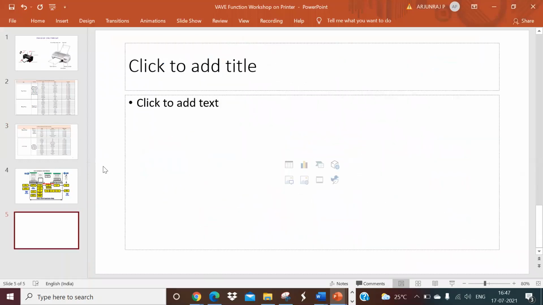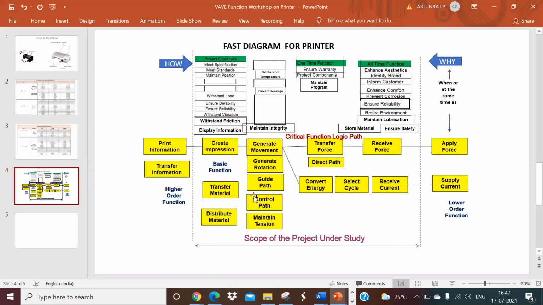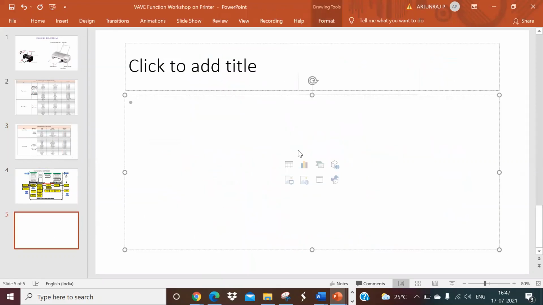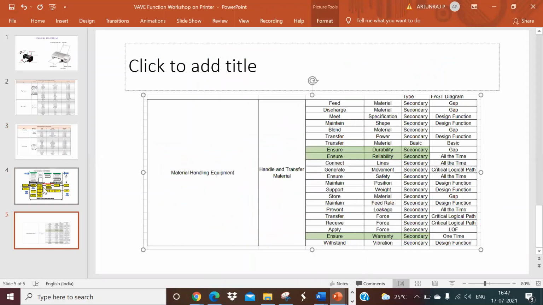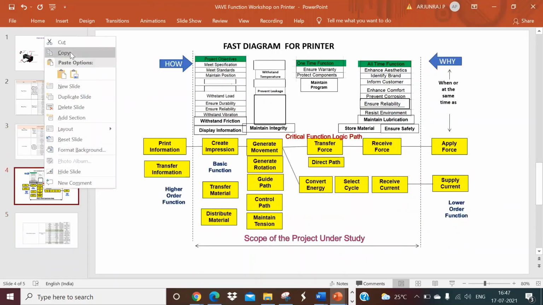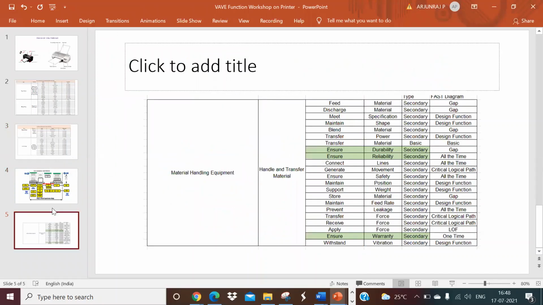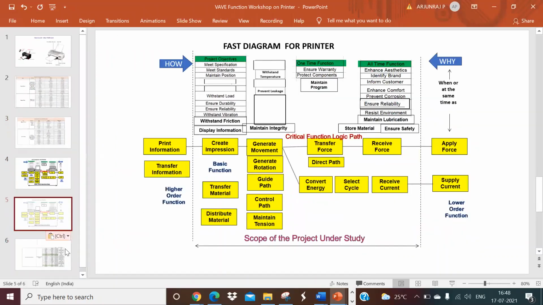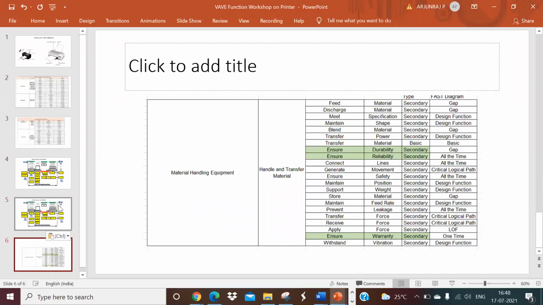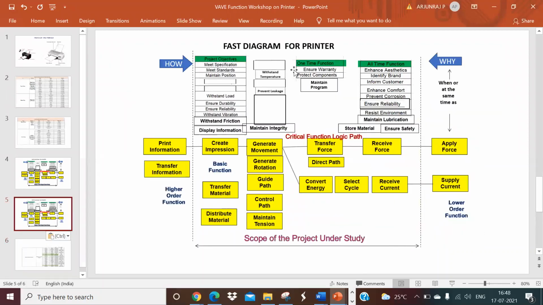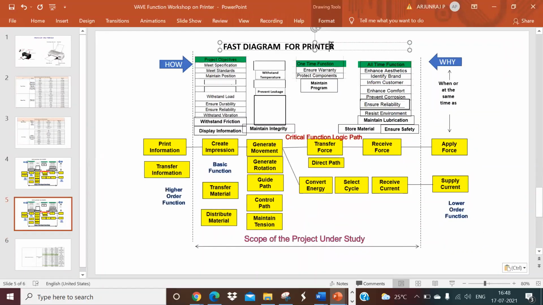Let us do it here. Then I will share it with you separately. I will modify this and then I will share it. Okay, so now let us go to the FAST diagram of our material handling equipment.